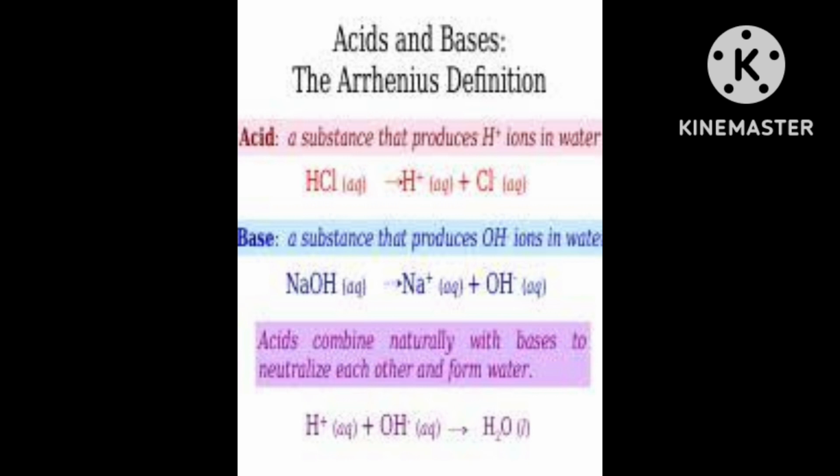In Brønsted-Lowry also, OH minus is there. OH minus means negative, and there also it is donating electrons. In the Lewis concept also, it is donating electrons. That's why both are bases.